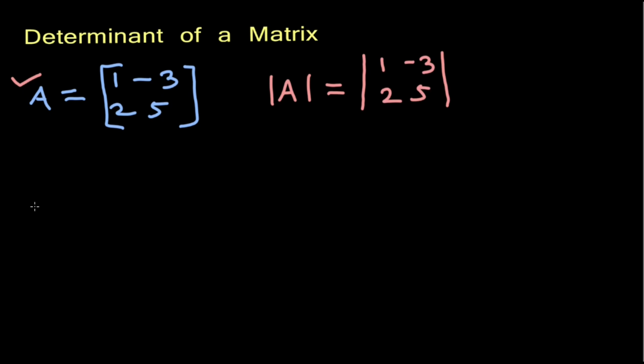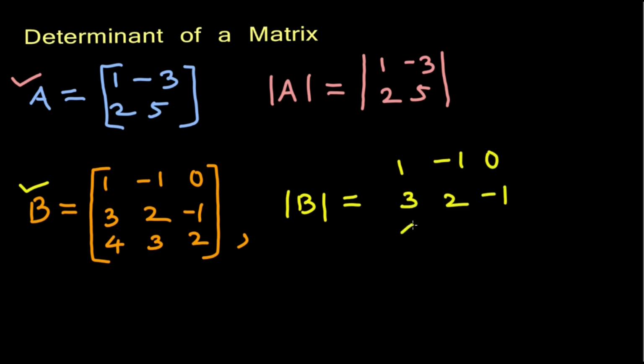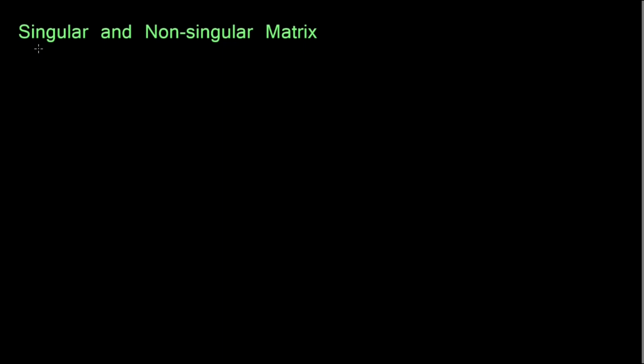Similarly, if matrix B is [1 -1 0; 3 2 -1; 4 3 2], a 3 by 3 matrix, the determinant made out of the elements of matrix B is called the determinant of matrix B.